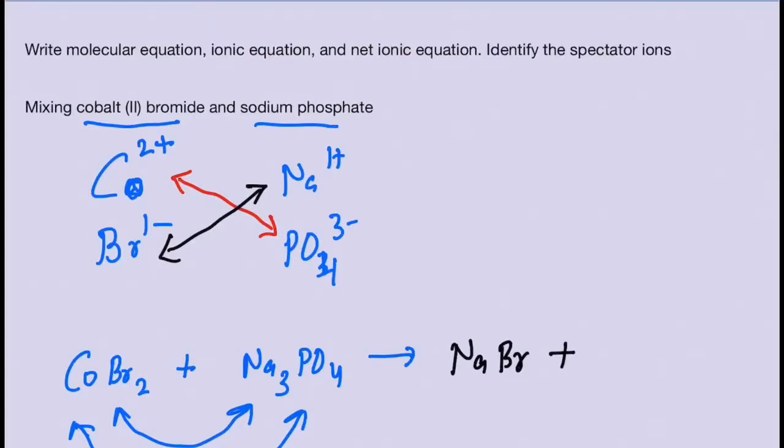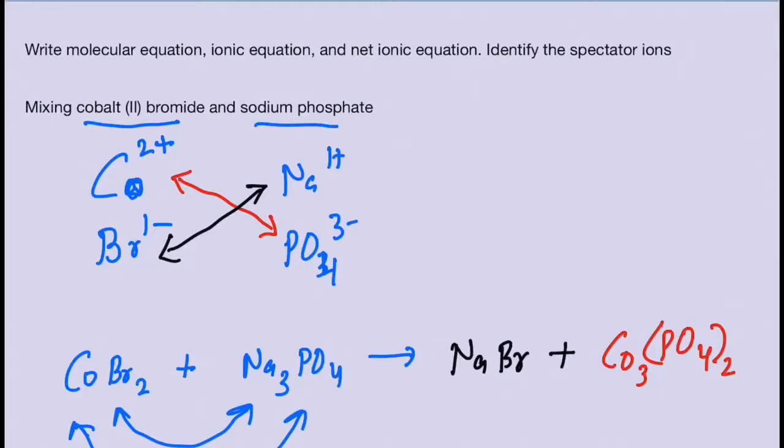Co is 2+ and PO4 is 3-, so that's going to be Co3(PO4)2, because you need 3 cobalts and 2 phosphates to make the positive charge and the negative charge equal to one another. You must make sure your positive and negative charges are balanced.